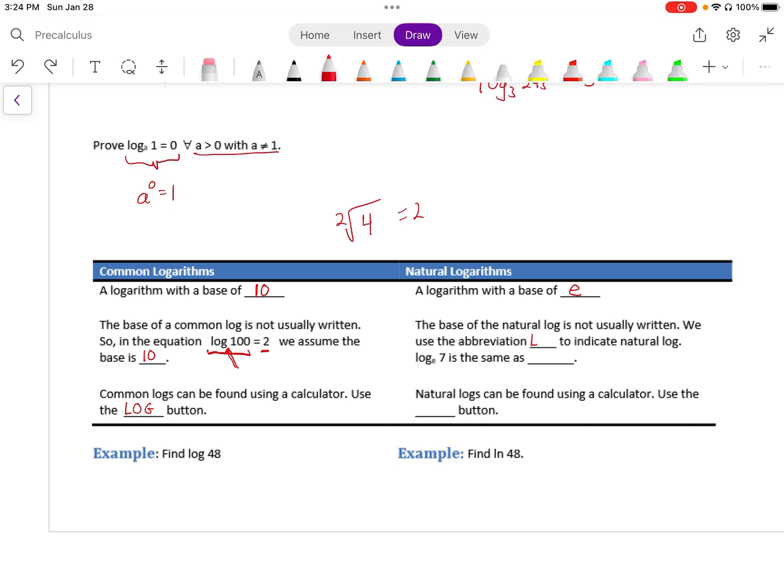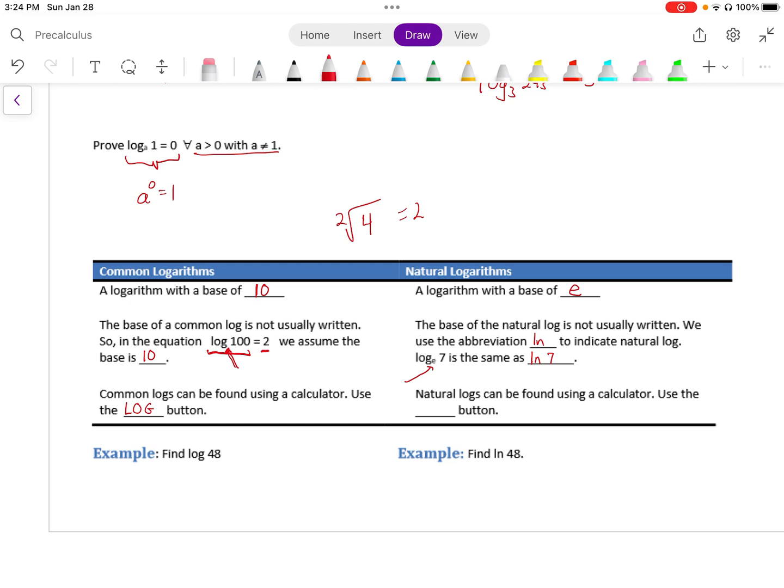Actually, when we write it, we don't usually capitalize it. We usually just write ln to indicate natural log. So log base e of 7 is the same as ln of 7. So you can think logarithm natural, which is why it's ln.